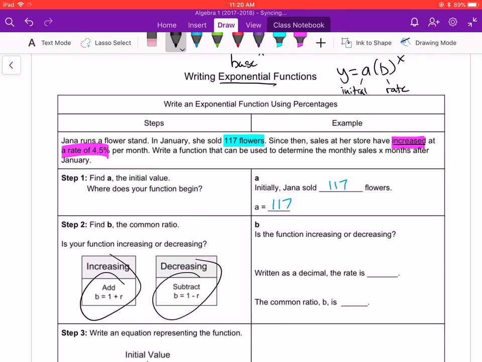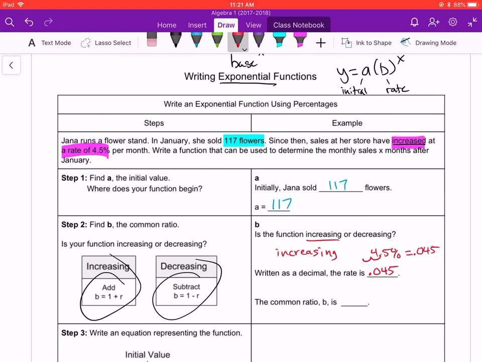So when you give it a percentage, keep that in mind, you have to do either 1 plus or 1 minus. Reading this, we know that it's increasing. If I write that as a decimal, you got to convert 4.5% into a decimal. Move your decimal over twice, 0.045 is your rate.